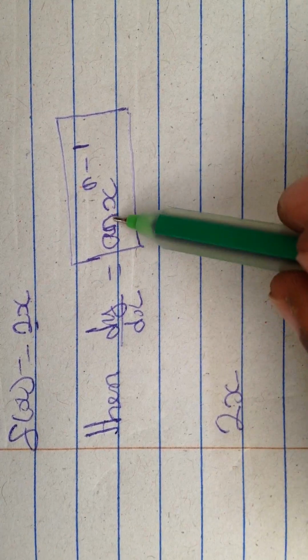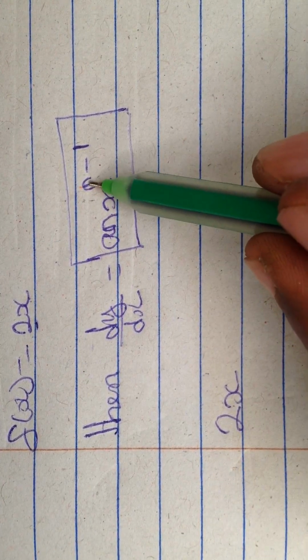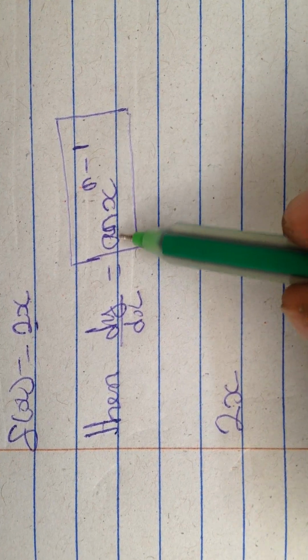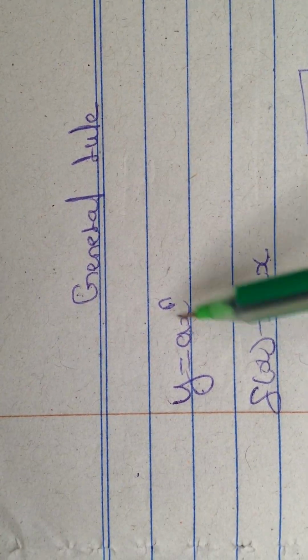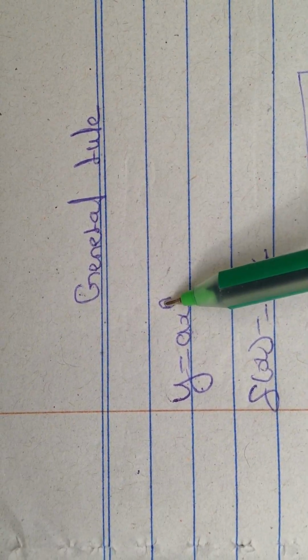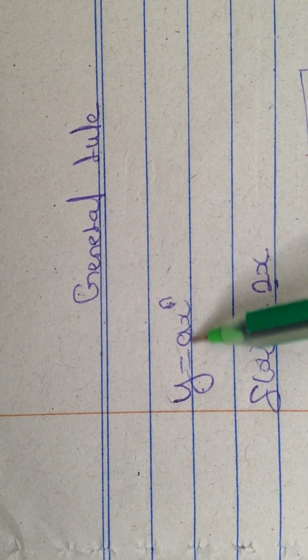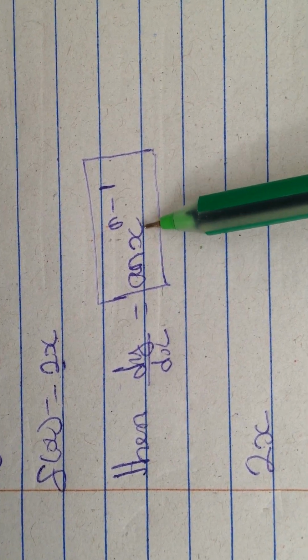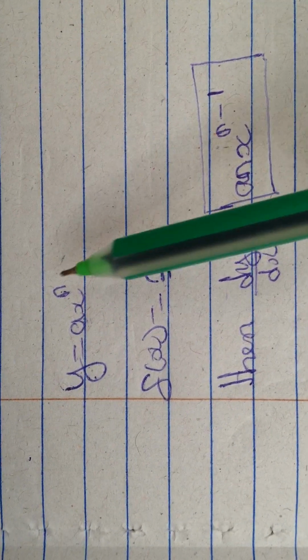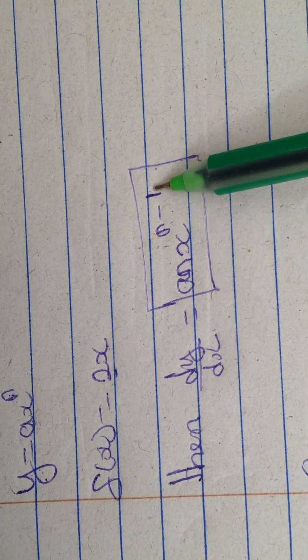This is what was done here: your n, which is the power, was being multiplied with the base ax, and they got anx. Then what do you do to the power? You subtract 1. This is what was done here, minus 1.